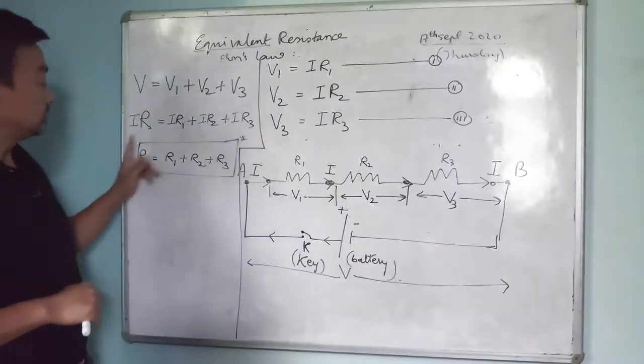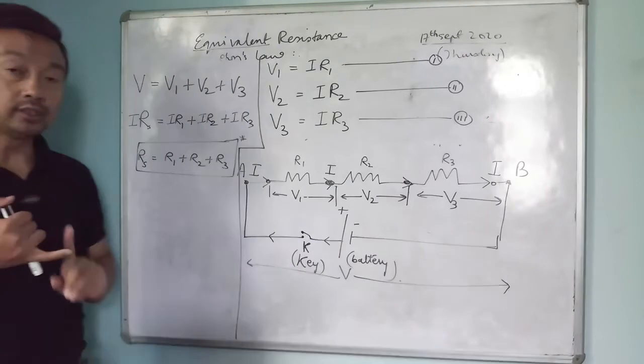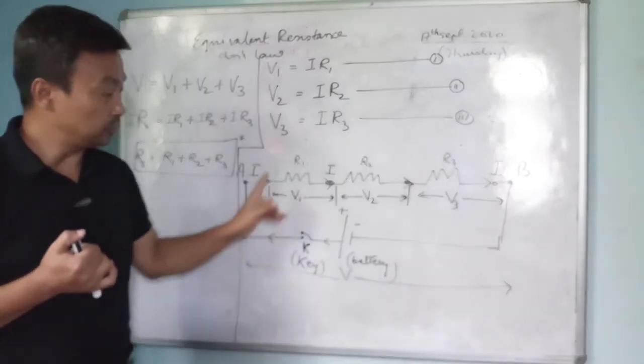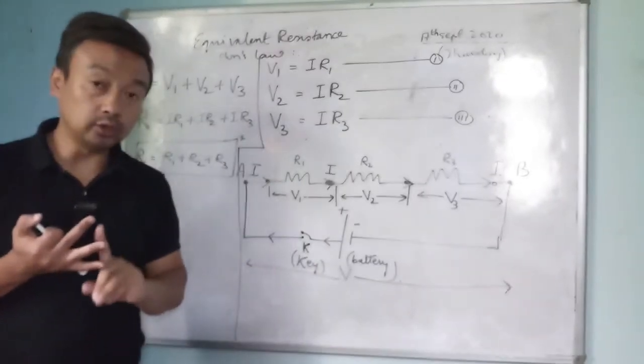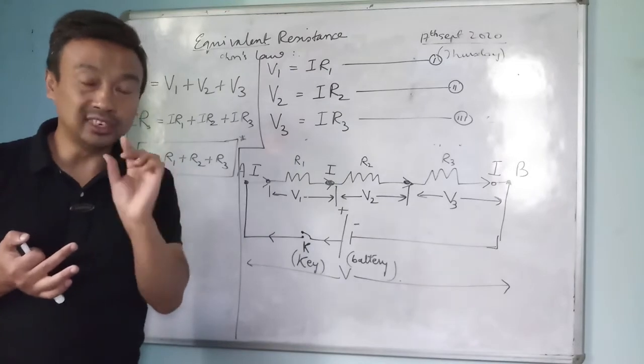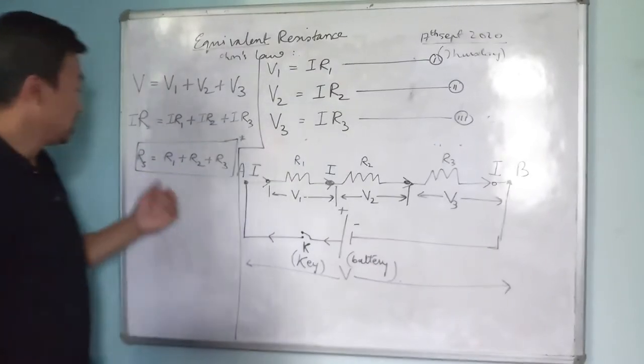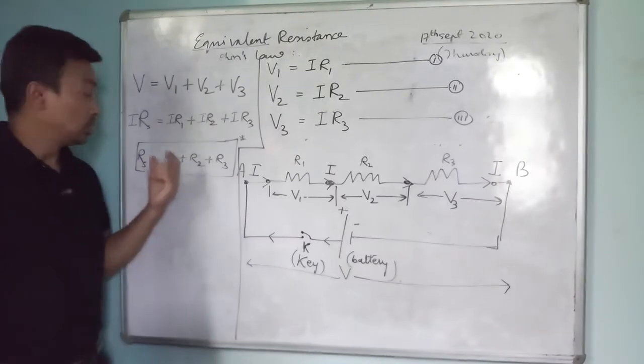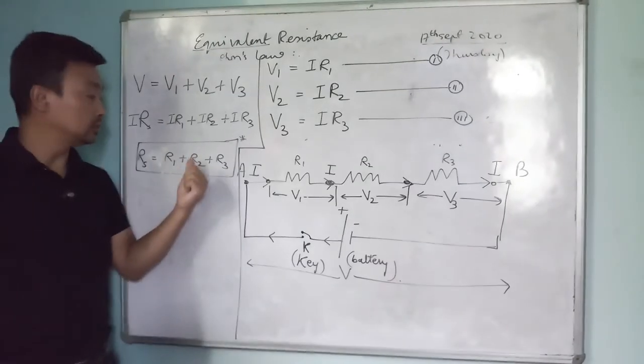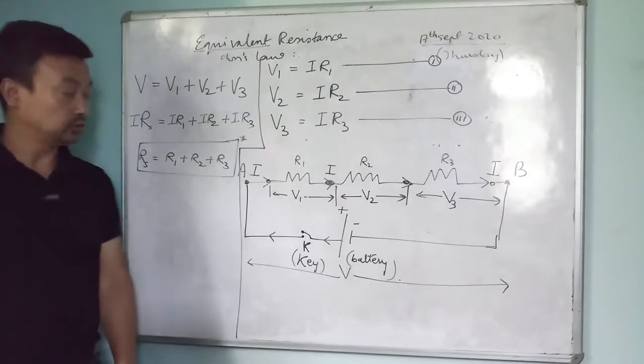So what do we get from here? The equivalent resistance of the entire circuit is equal to the sum of the individual resistors. I will repeat this again: the equivalent resistance of the series combination is equal to the sum of the individual resistances.